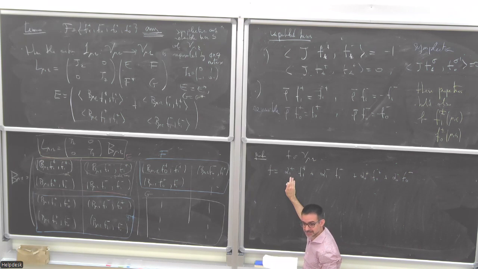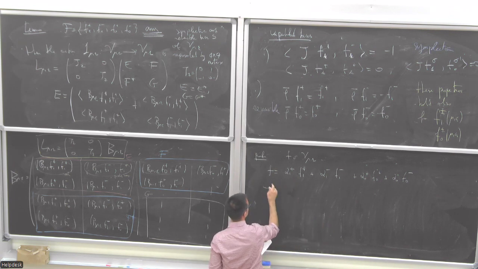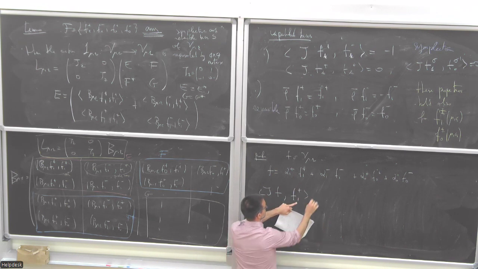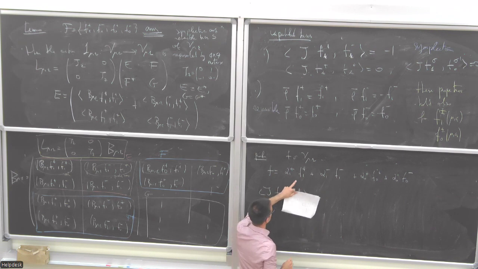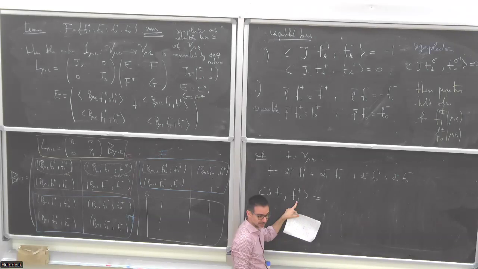If the basis were orthogonal, you would take the scalar product. The basis is symplectic, so you need to take the symplectic scalar product, meaning that you apply J to f and then take the scalar product, for example, with f1 plus. When you do this, what do you get? You get alpha 1 plus, J f1 plus scalar product with f1 plus, this is symplectic, this is 0.